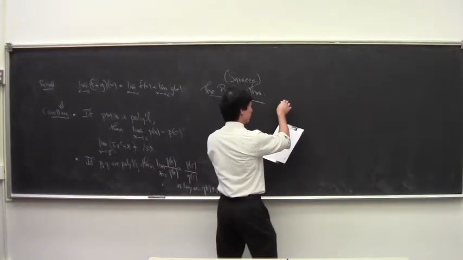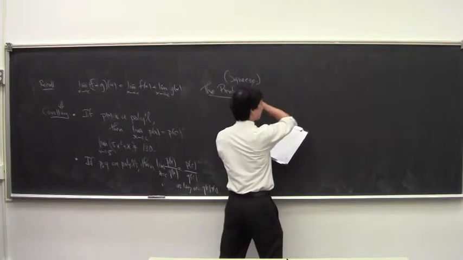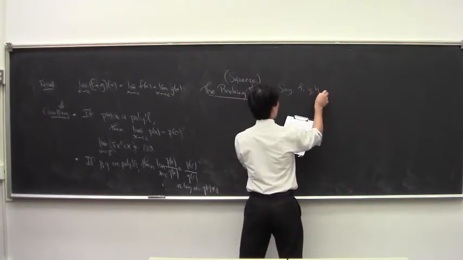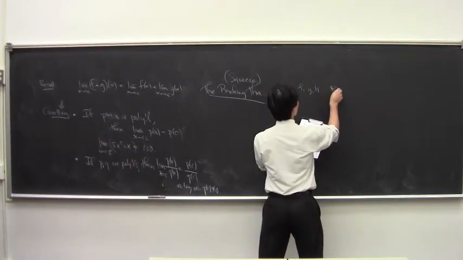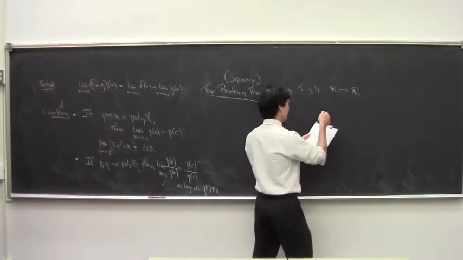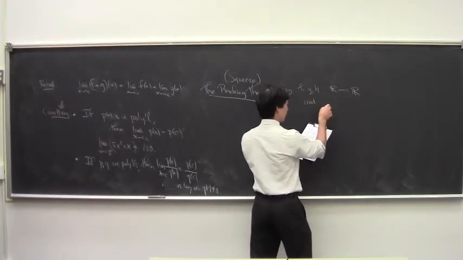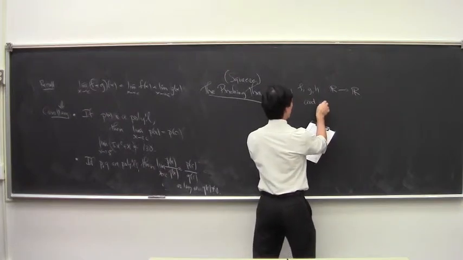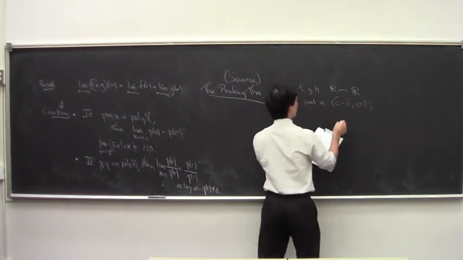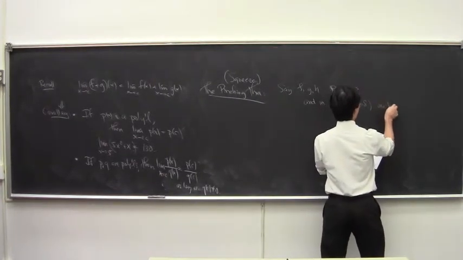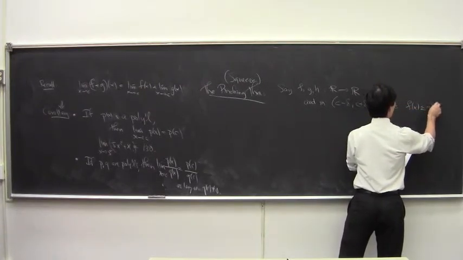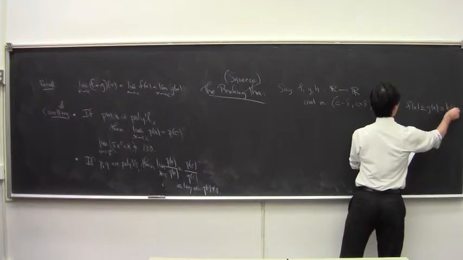Suppose you have three functions, f, g, and h, all real-valued functions. And you know that in some interval (c minus delta, c plus delta), f is smaller than g, which is smaller than h.